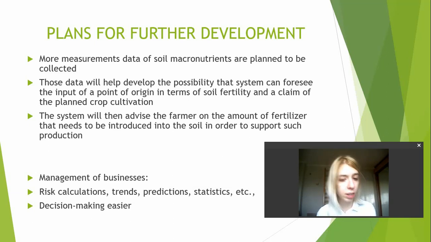The system will then advise the farmer on the amount of fertilizer that needs to be introduced into the soil in order to support such production. So besides watering, by giving precise data, the user will have concrete advice for fertilizers as well.